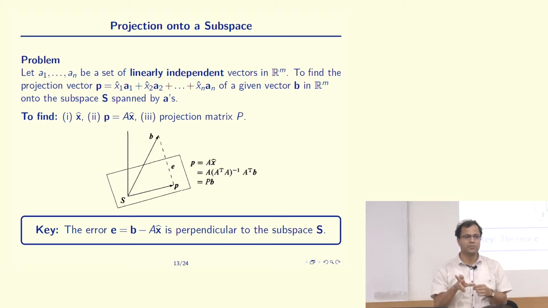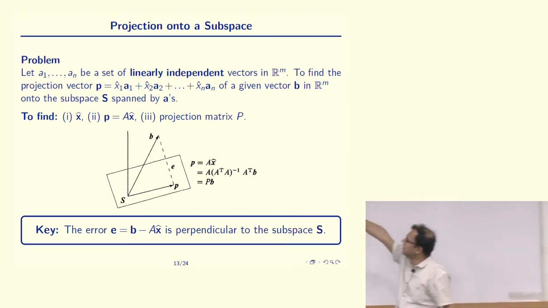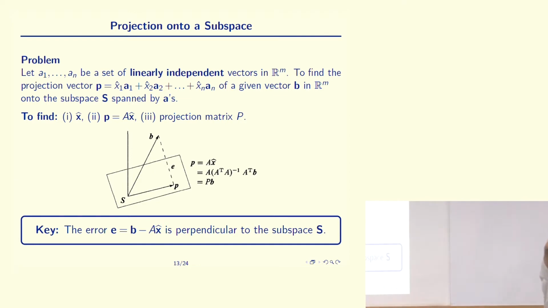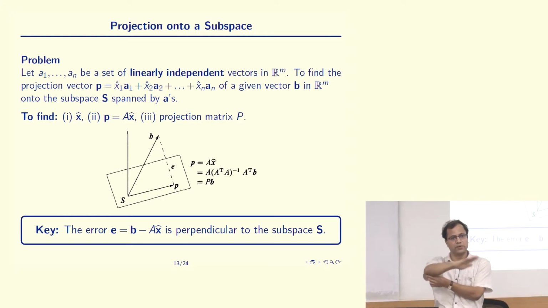So what is my P now? P will be a vector in the subspace, so P can be expressed as a linear combination of the vectors. I'll assume that the vectors A1, A2, ..., An which generate this subspace are linearly independent.